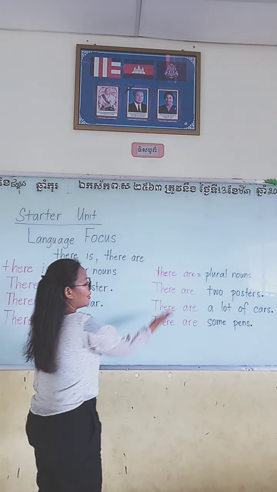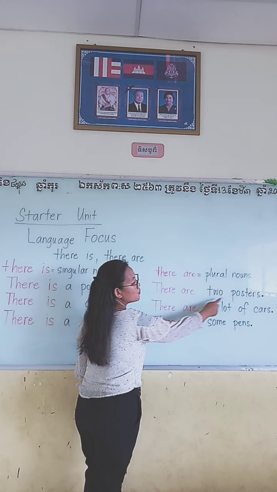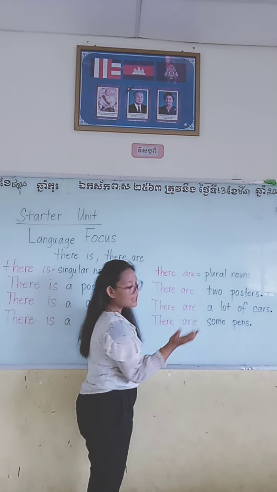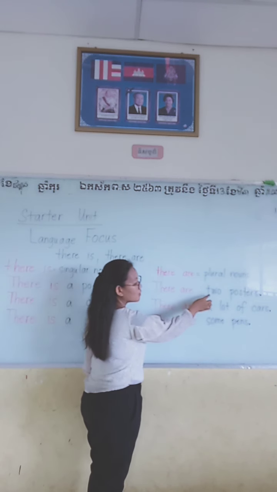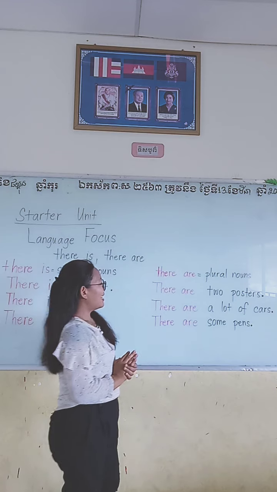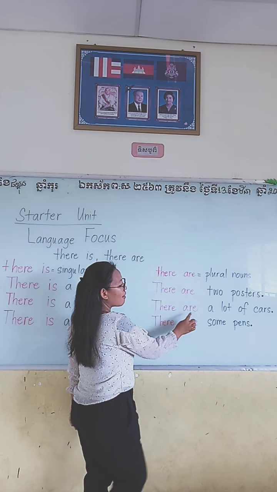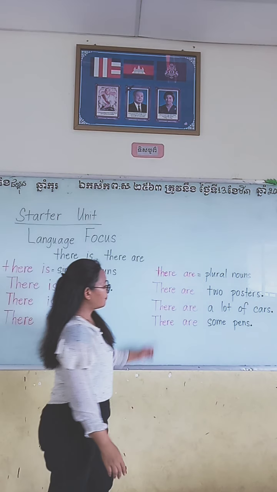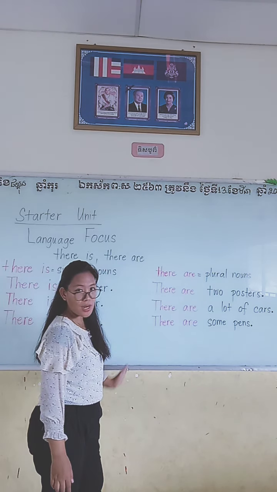Okay, now let's read the examples for there are. There are 2 posters. Please read. Very good. Next. There are a lot of cars. Okay, please read. Now it's your turn.